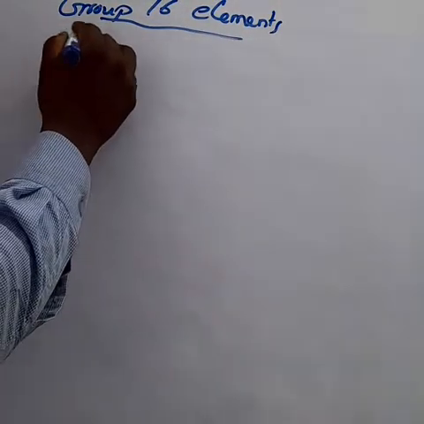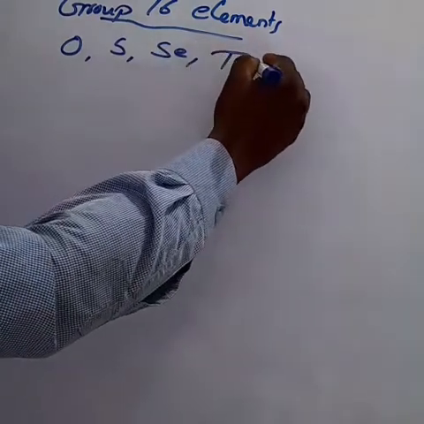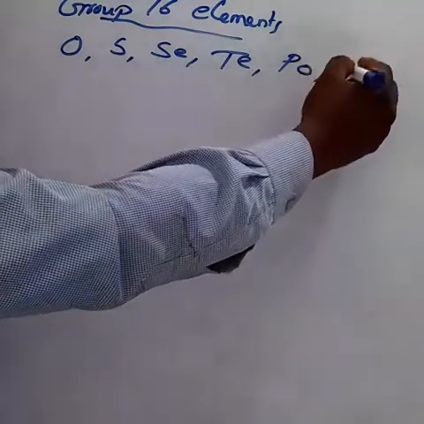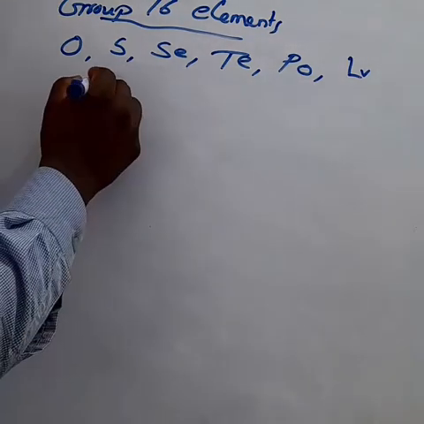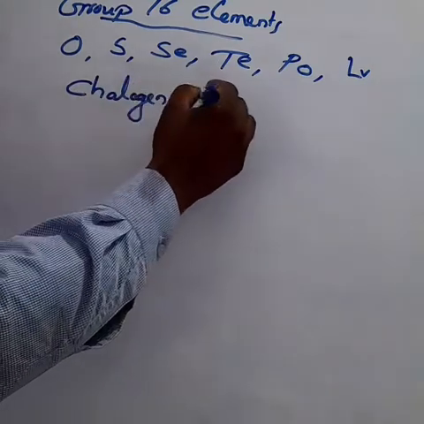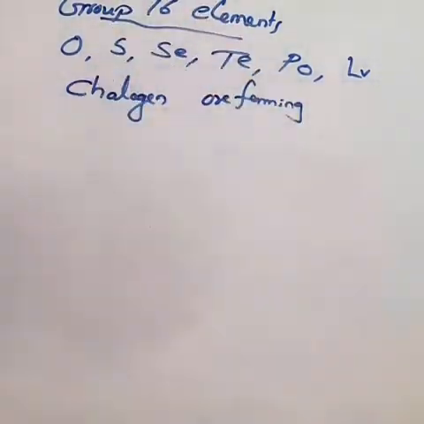Oxygen, sulfur, selenium, tellurium, polonium, livermorium. These are some examples of the group 16 elements. The group 16 elements are called chalcogens. Chalcogen is otherwise called, one of the very important questions, ore forming element. Chalcogen is what? Ore forming element.